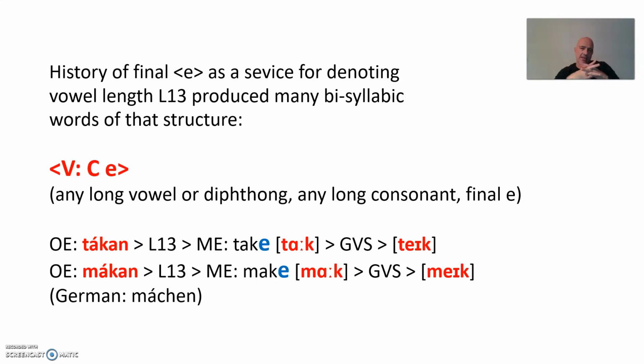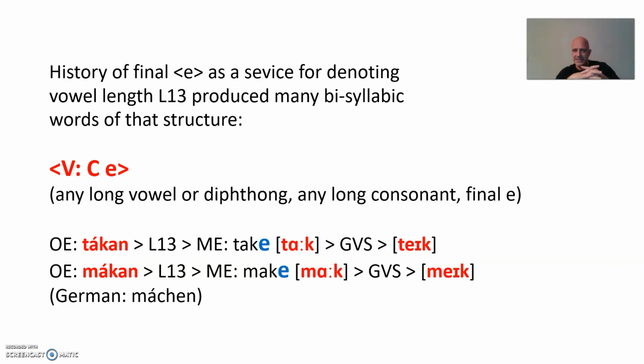History of final E, and we have to talk about that as well, because this L13 produced a lot of words which have this structure: any long vowel, this is the big V, capital V with a colon, any consonant, and an E in the end. Words like take.